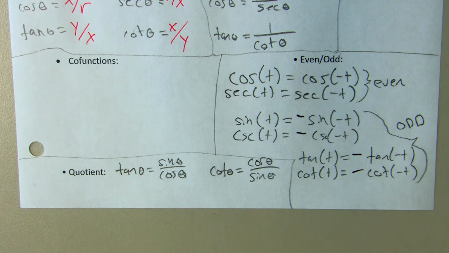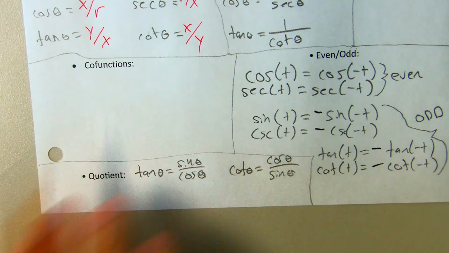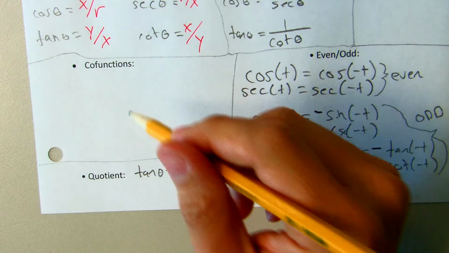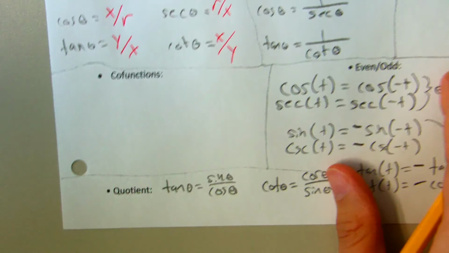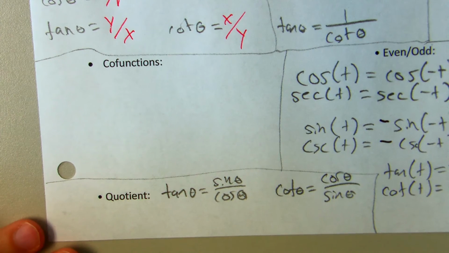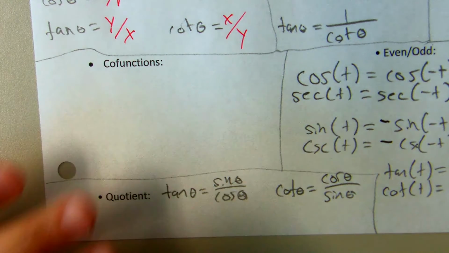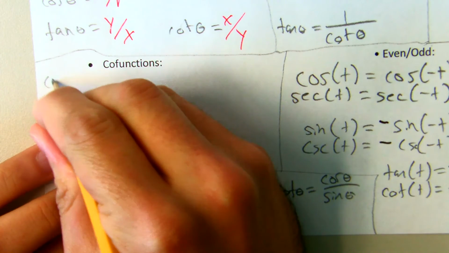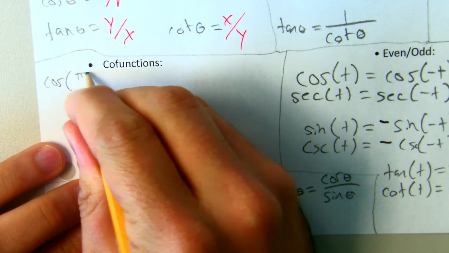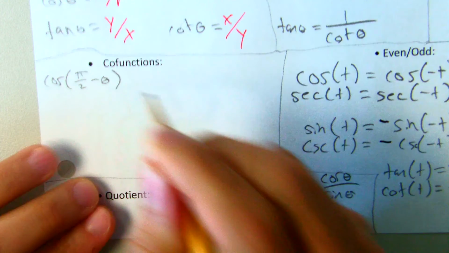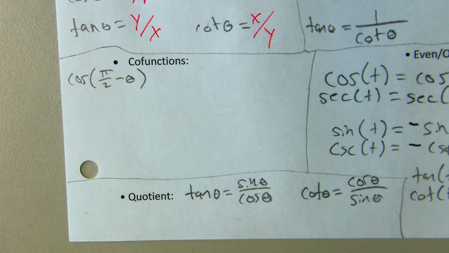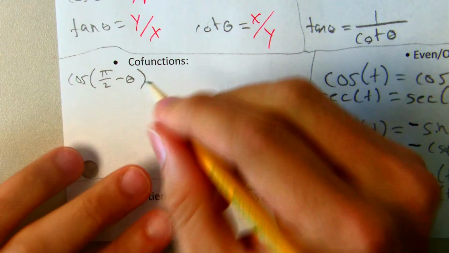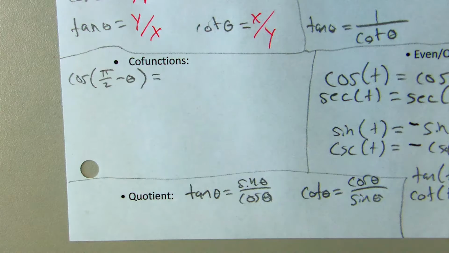Okay. On to the cofunctions. This one is completely new, and this one, to be fair, doesn't have much context to it yet. But you're going to have questions that say something like, even in the book assignment, they'll say the cosine of 90 degrees minus theta, or the cosine of pi over 2 radians minus theta, that's the same thing, equals what?